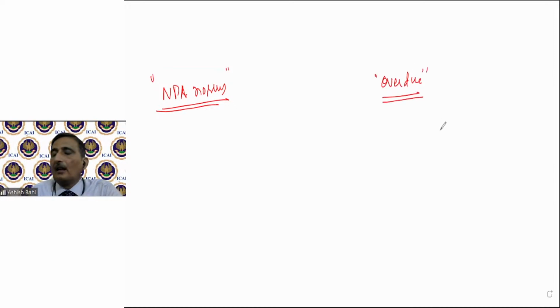So guys, can anybody tell me what we mean when a facility becomes overdue in case of banks? Just plain common sense. Tell me, when does a loan become overdue in case of a bank? What is the meaning of the term overdue in case of a bank?